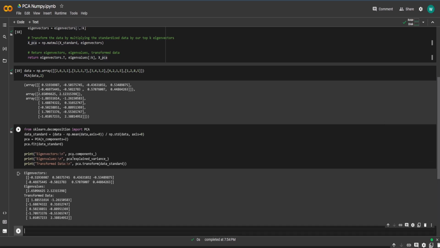So there you go. Perfect. Okay, so it looks like our eigenvectors, eigenvalues and transformed data almost match up one-to-one. So yeah, everything looks pretty good.